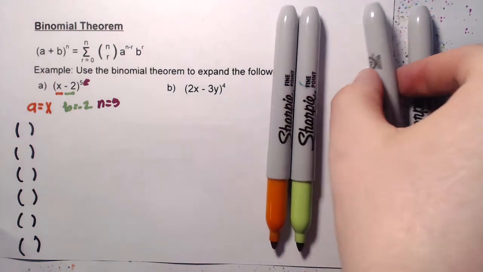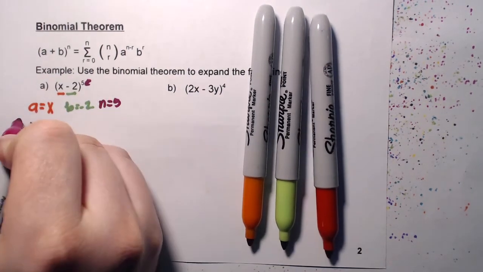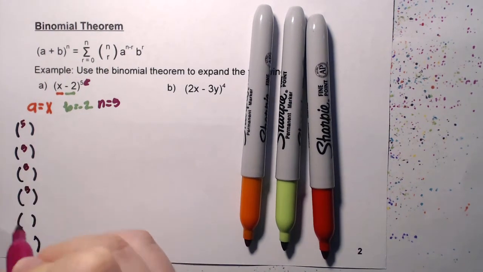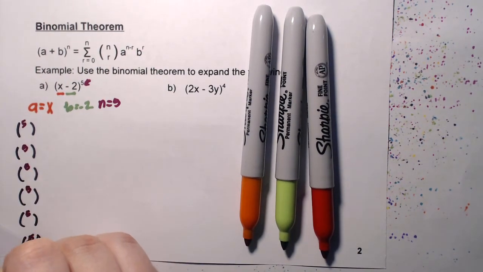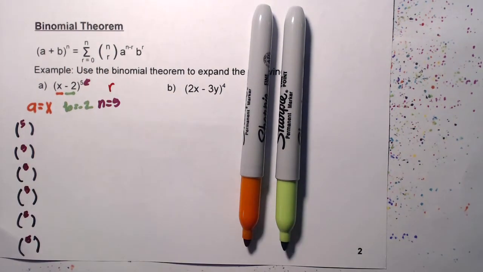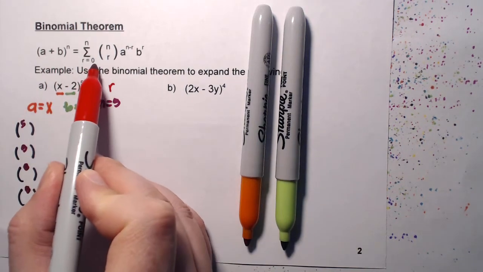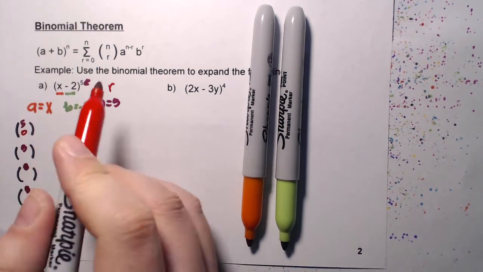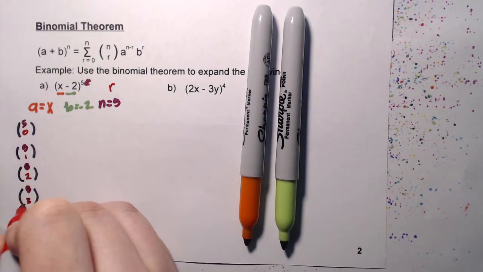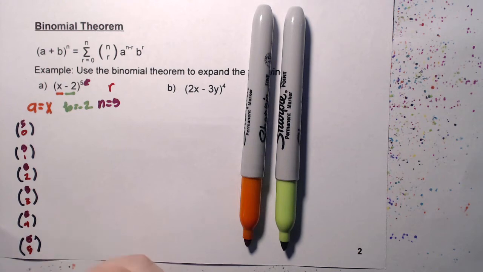The N doesn't change, so that's always going to be 5. The R changes though, so I'm going to use red for R. So the first time we go through this, we're going to have 5 choose 0. Then we have 5 choose 1, and then 2, and then 3, and then 4, and then 5.